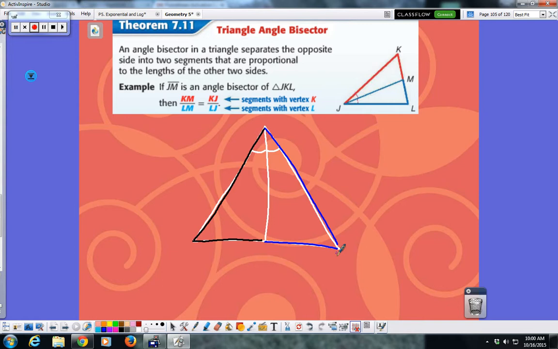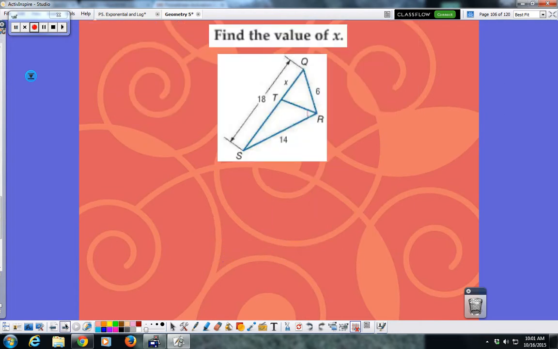But this does happen anytime you have an angle bisector. So what we mean here, A, B, C, D, the ratio of A to B is the same as the ratio of C to D. So anytime you have an angle bisector, you have proportional pieces. Side to bottom is equal to side to bottom. They're in ratio of each other. They're in proportion of each other.